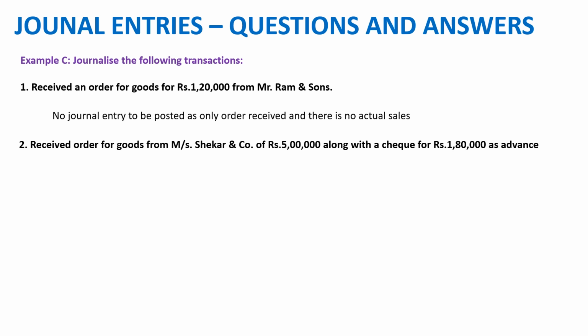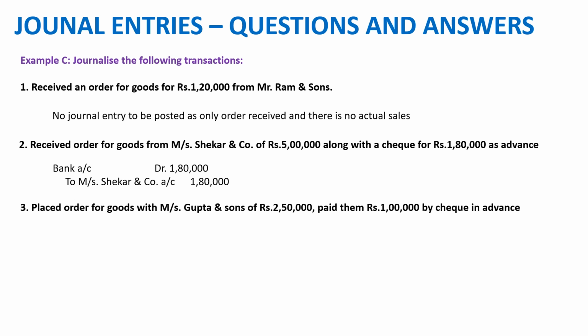That has to be recorded, right? So what is the entry here? The asset is increasing, bank balance will go up. At the same time, you have to credit Mr. Sekhar and Co. 1,80,000 rupees, because you have received the advance. When you're receiving the advance, you have to give benefit in future, right? So that is a liability. You're creating liability to Sekhar.